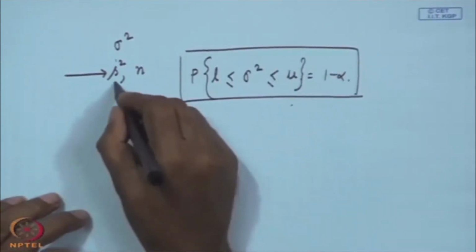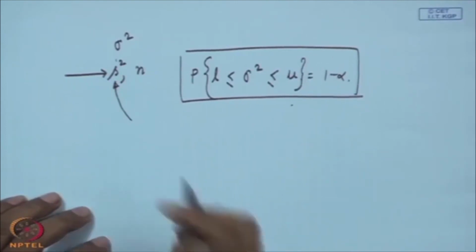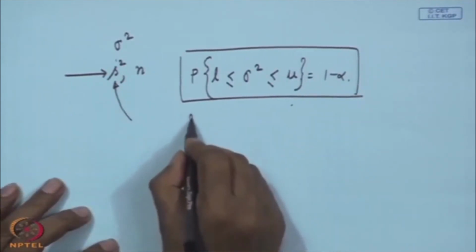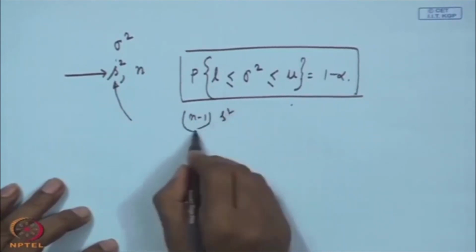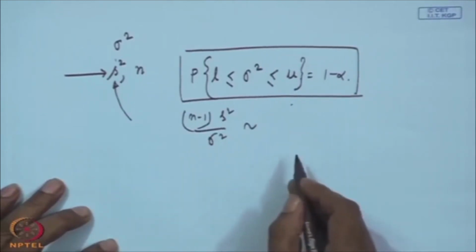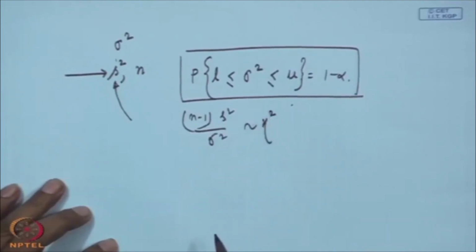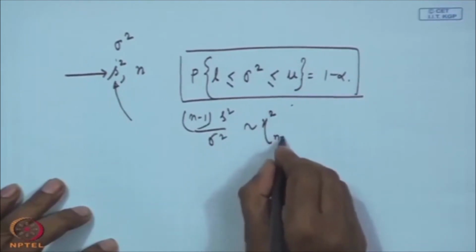But you have this computed statistic value, s square, and we have seen under sampling distribution that n minus 1 s square by sigma square follows the chi-square distribution. What will be the degrees of freedom? n minus 1.